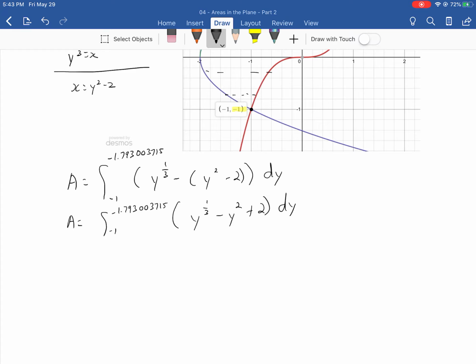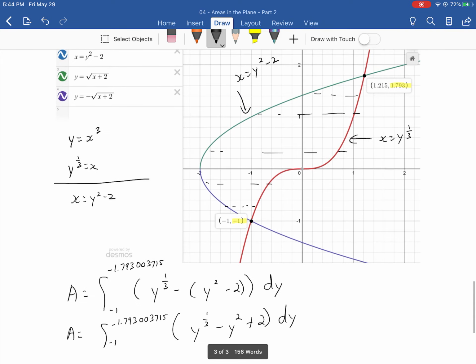So I'm going to use x's to type into there. The calculator doesn't really know what I'm up to, so I'm using the variable x in place of y here. So I need what? x to the exponent 1/3 minus x squared plus 2. If I press right arrow, then I get to the lower limit of integration, -1.